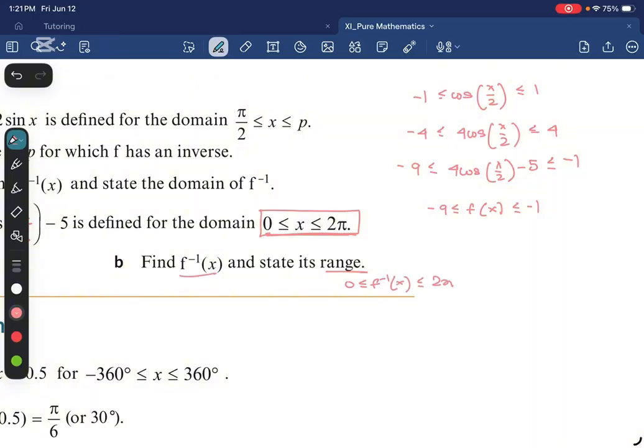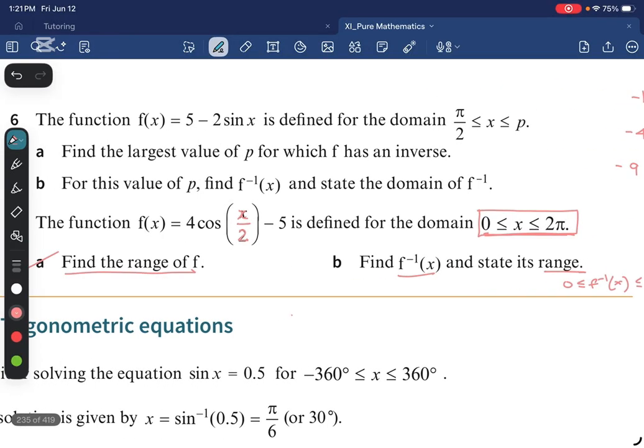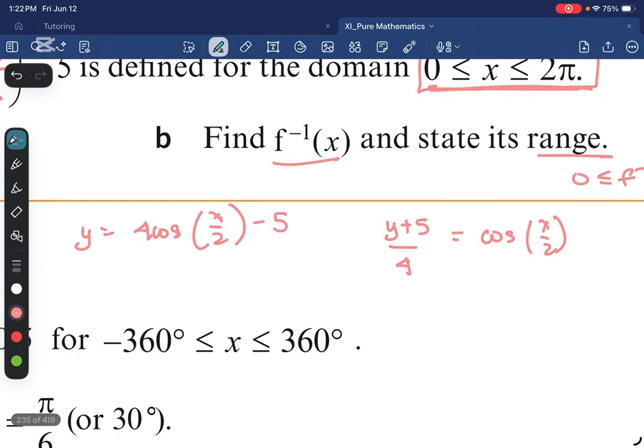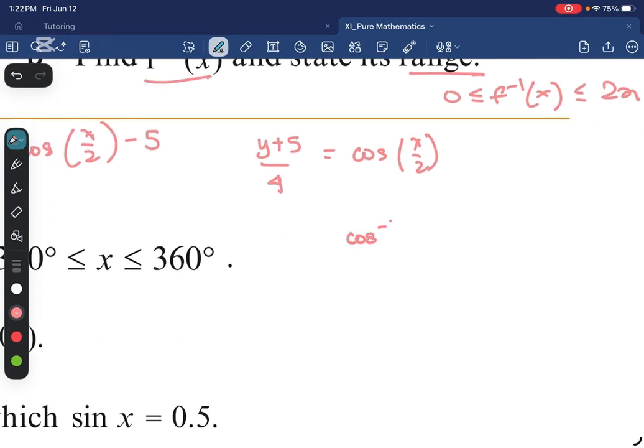And find f inverse of x. Well, you know that y is 4 cos x over 2 minus 5. So you know that y plus 5 divided by 4, I'm doing things quickly, is going to be cos of x over 2. And cosine inverse of y plus 5 over 4 is going to give me x over 2.